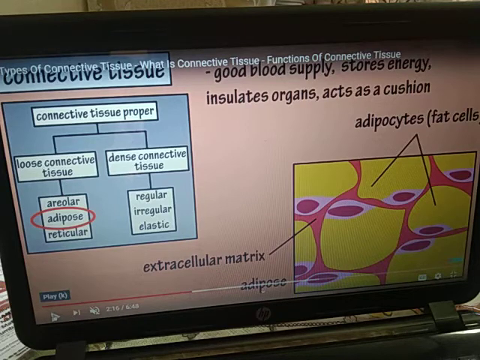It is found below the skin and between internal organs, and the cells of this tissue are filled with fat globules, as you can see. Storage of the fat also lets it act as an insulator. That means as the adipose tissue stores the fats, this stored fat also acts as insulator by preventing the loss of the body heat.